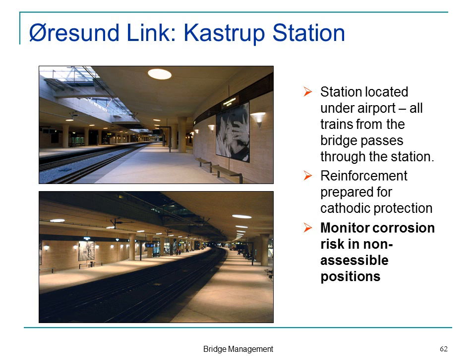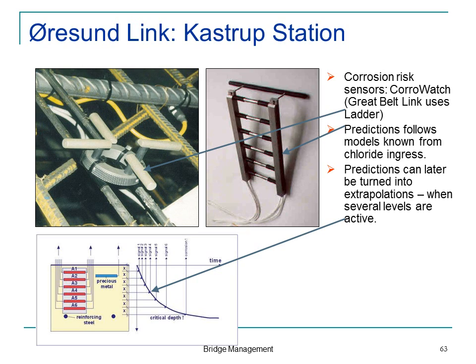So what do we do? What did we do? Well, we said we will prepare for cathodic protection. That means just ensuring electrical contact between all the reinforcement bars, and we will insert some sensors. These sensors, in a way, are exceptionally simple.